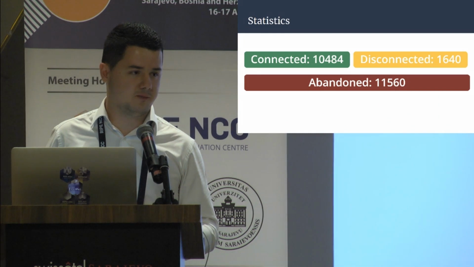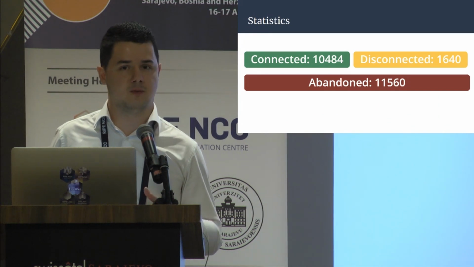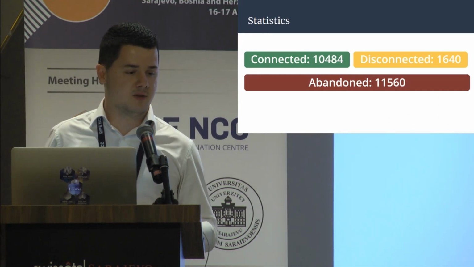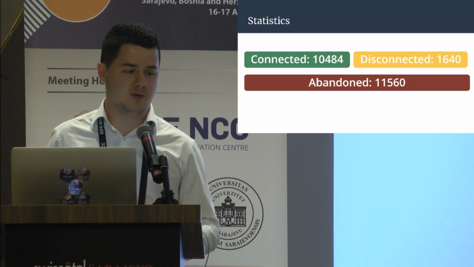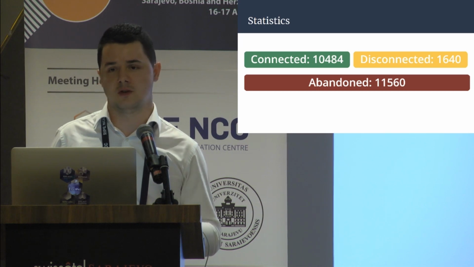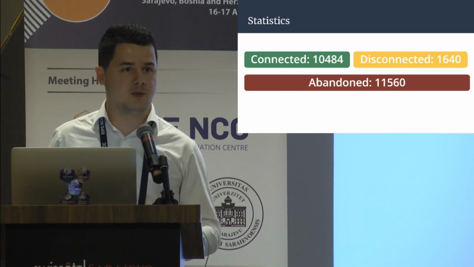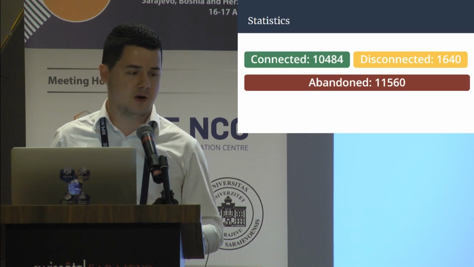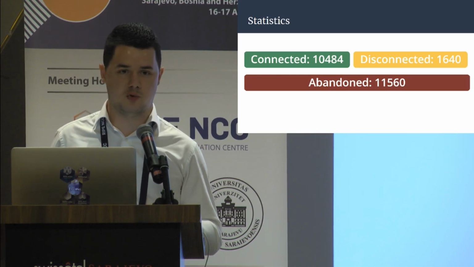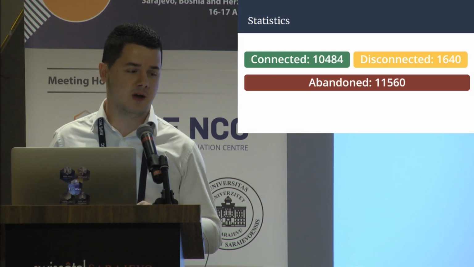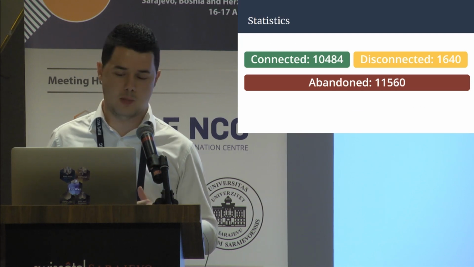A big drawback of RIPE Atlas being volunteer-based is that more than 50% of probes get abandoned. Over time, people just disconnect them and stop using them, and they are effectively devices sitting somewhere not contributing to the system. In Bosnia, we have 11 probes that are currently active and connected, and 16 which are abandoned.